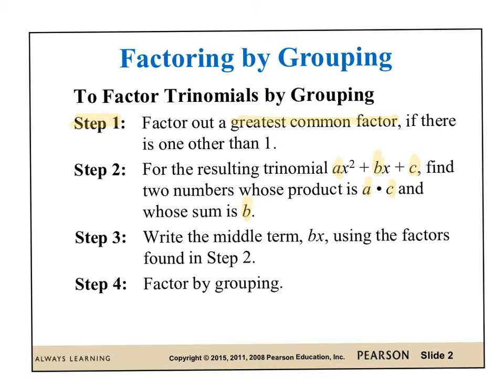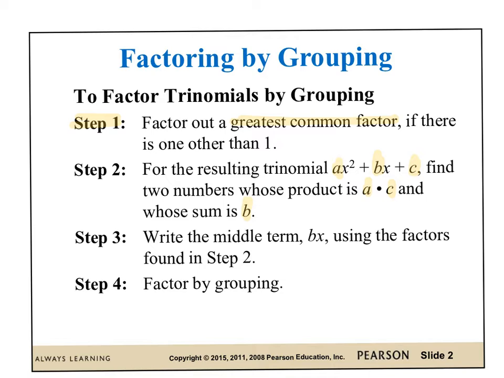And that means certain things about the sign of the two factors, because if b is positive, then we need to make sure that our two factors have signs that will make the resulting sum also be positive. If b is negative, then our two factors need to have corresponding signs that will make the sum be a negative number, and we'll talk more about that as we go through it.